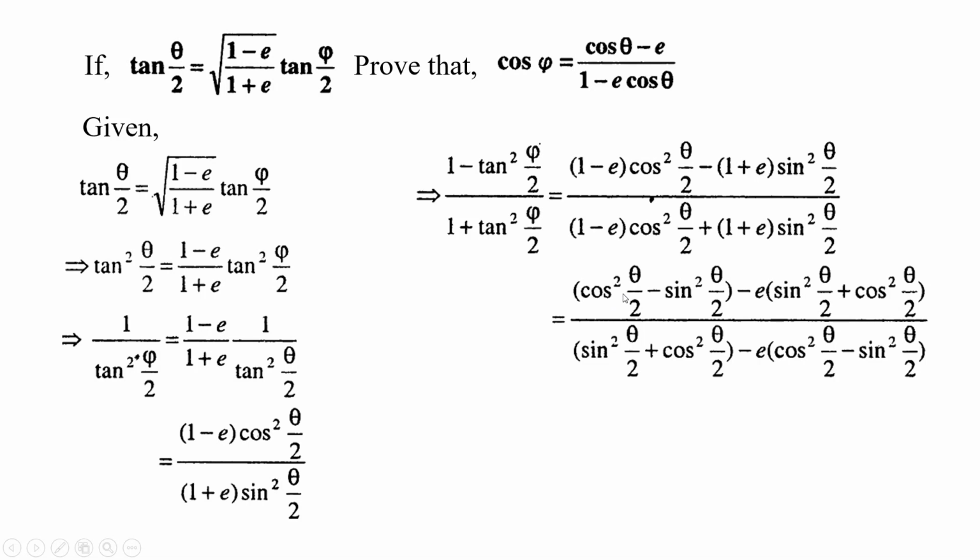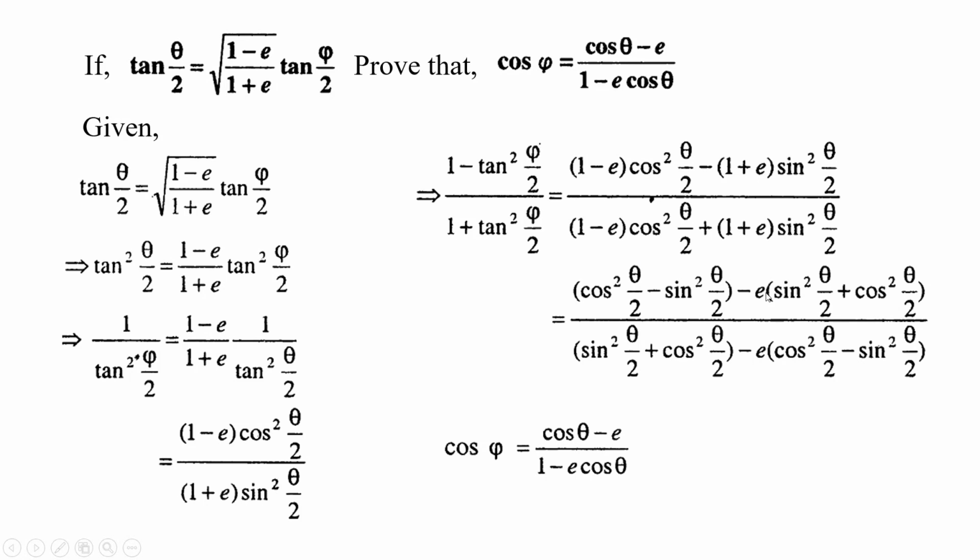And you know the formula of cos theta. You know the formula cos 2a equal to cos square a minus sin square a. So cos a equal to cos square a by 2 minus sin square a by 2. And using this formula, we write cos square theta by 2 minus sin square theta by 2 as cos theta.